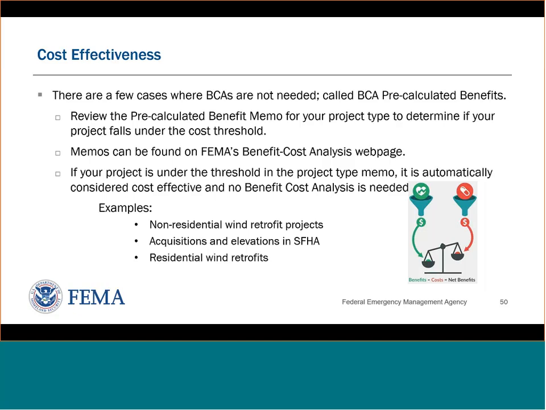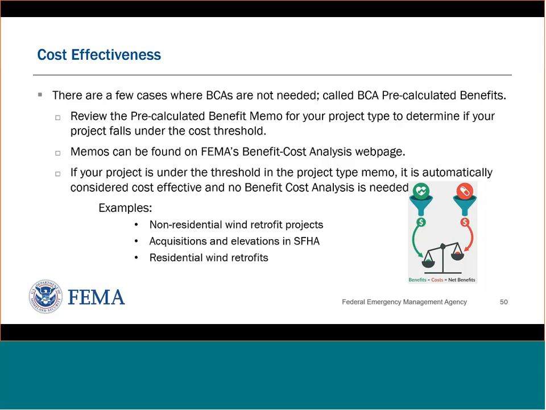I don't have them off the top of my head, but I know they went up. The ones that were updated for elevations and acquisitions is multiple thousands of dollars. So check that out and see if your project can use a pre-calculated benefit.